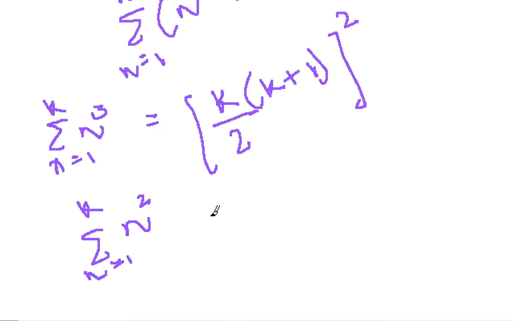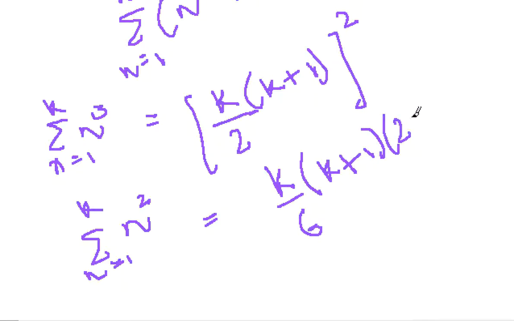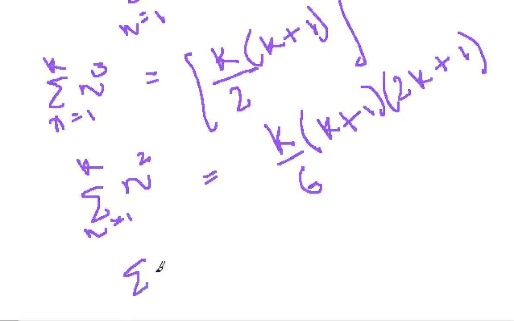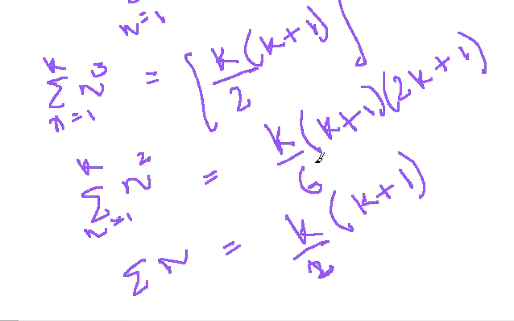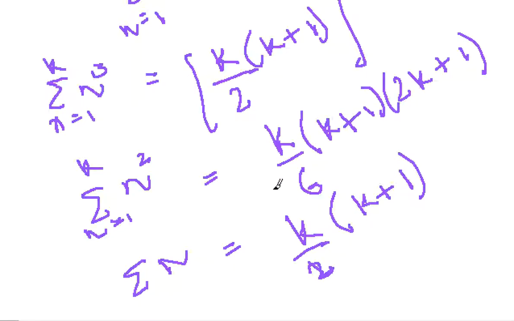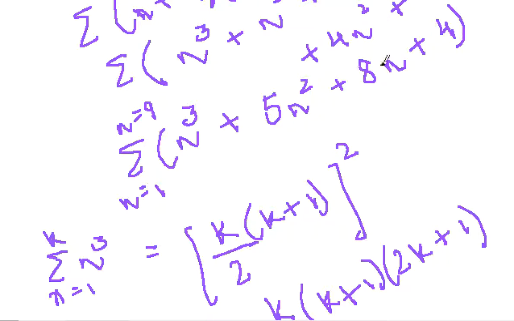For n square, the sum of squares of integers, it is computed as k by 6 into k plus 1 into 2k plus 1. And what is sigma n? It is nothing but k by 2 into k plus 1. Now we will use these three expressions to compute this whole thing.